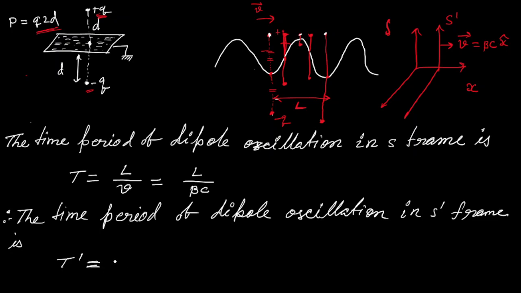According to relativistic phenomena, this can be written as T prime equals T times the square root of 1 minus v square by c square. If we put in the value of T, it will be L divided by beta c, times the square root of 1 minus beta square c square by c square, where c square cancels out. So we get the square root of 1 minus beta square. This is the time period of oscillation of this dipole in the S prime frame.